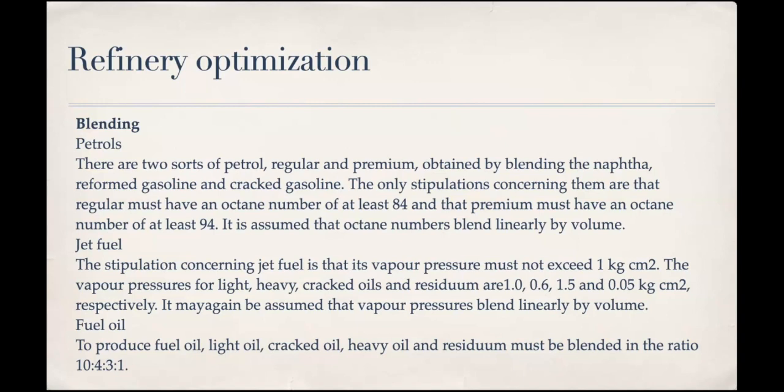The quality control of regular and premium petrol is the octane number. The only quality constraint of the petrol. For regular, the octane number must be at least 84. And for premium, the octane number must be at least 94.